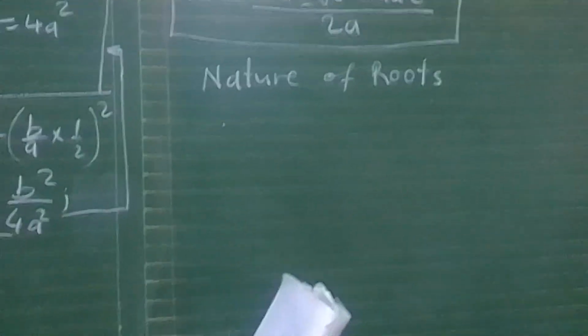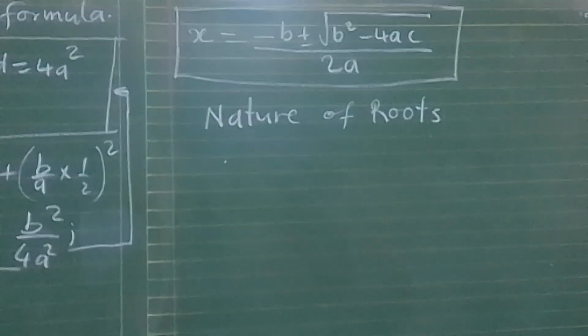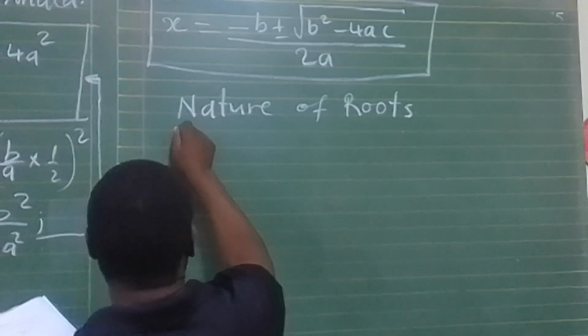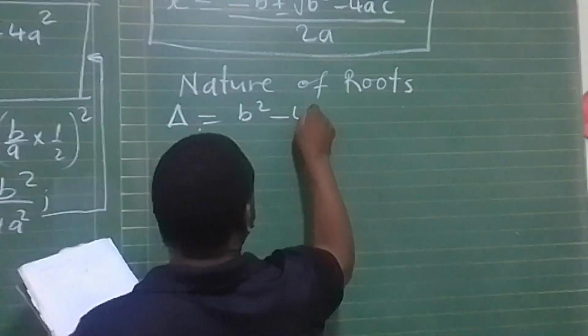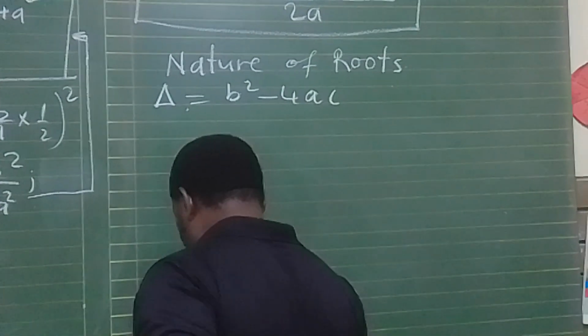If we are going to find the roots, that means somehow we need to find the discriminant. What is the discriminant? The discriminant is equal to b squared minus 4ac.